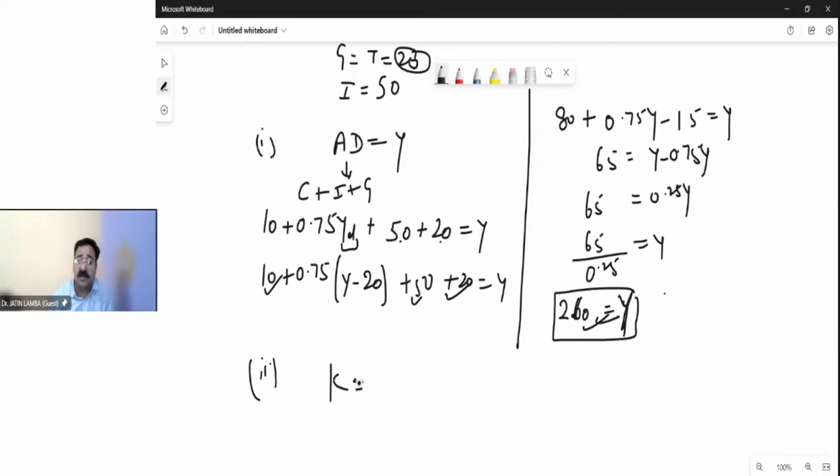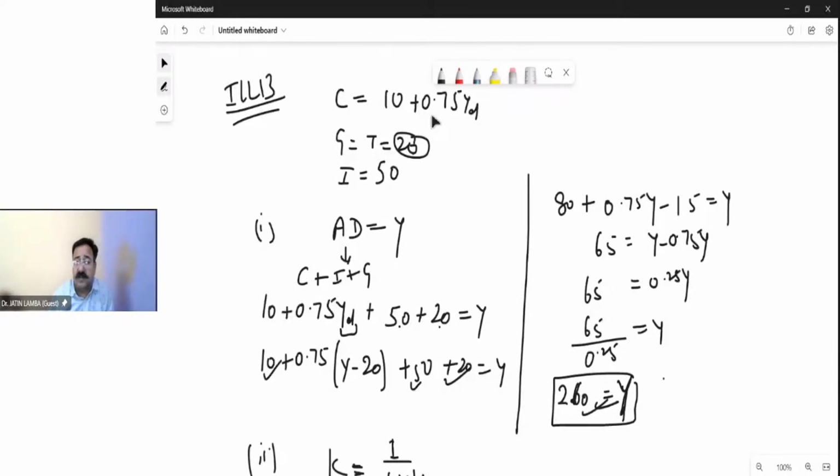Now in the second question, second part, we have to calculate the investment multiplier. What is the formula? 1 upon 1 minus MPC. Now children, tell me, looking at the consumption equation, what is the value of MPC?